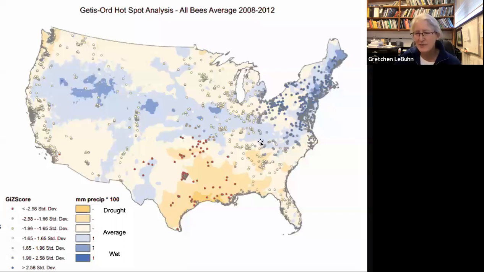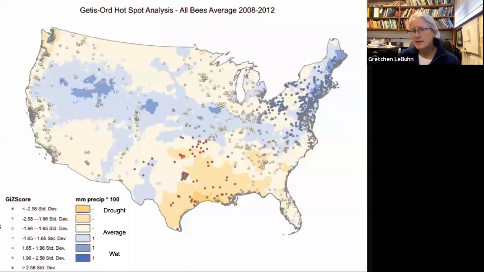Blue means good here, red means poor, yellow means that they were around average. And you can see that the Northeast is doing well. The blue shading color indicates that the 5 years previous were wetter than average. And you can see that the orange areas here were in a 5-year drought, and that drought clearly has an impact on pollination service across the United States.